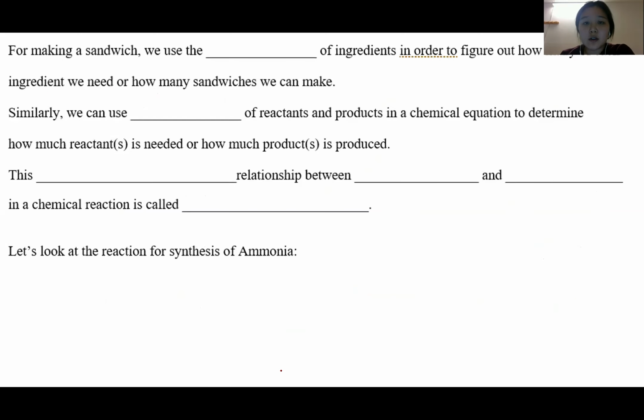For making a sandwich, we use the ratio of ingredients to figure out how many of each ingredient we need or how many sandwiches we can make. Similarly, we can use ratios of reactants and products in a chemical equation to determine how much reactant is needed or how much product is produced.